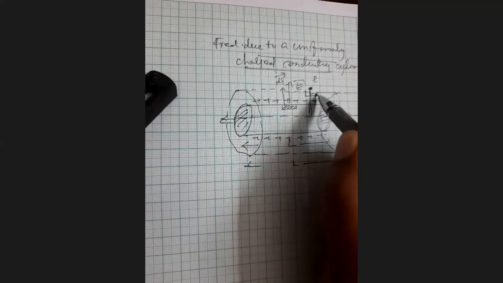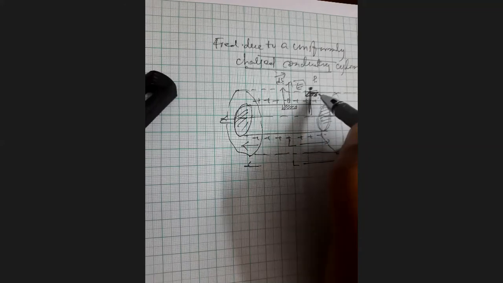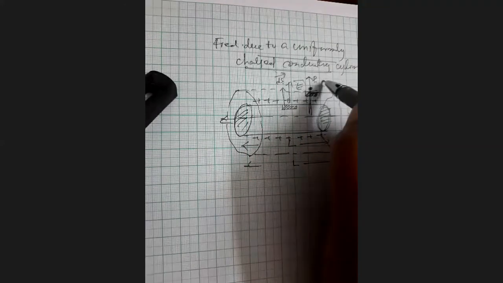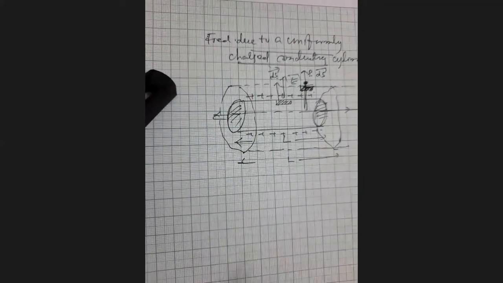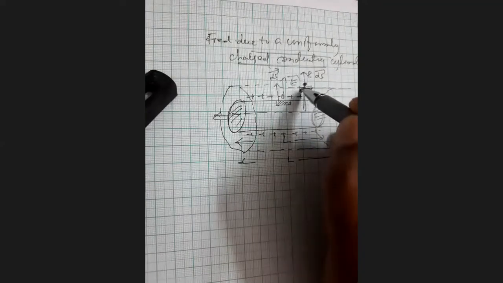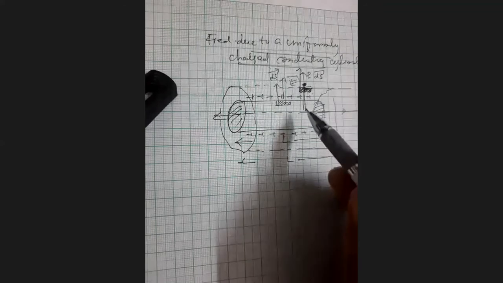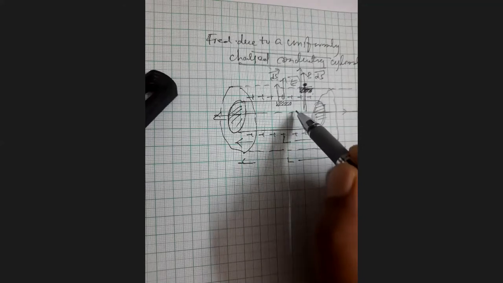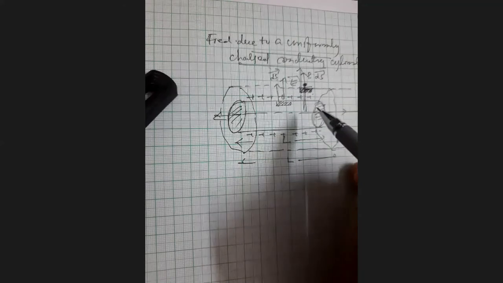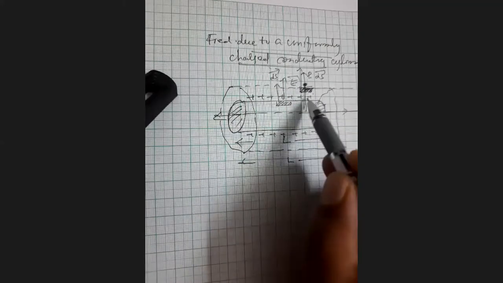Now just imagine a small area element dS here, then the direction of dS is perpendicular to the surface. Electric field strength is always radially outwards due to the symmetry, whether it is a spherical surface or a cylindrical surface. The direction of field strength is perpendicular to that surface always, and the magnitude of field strength remains constant at every point on the surface.